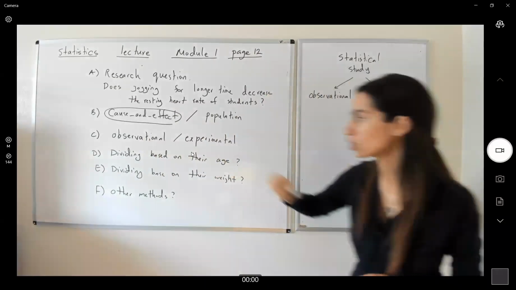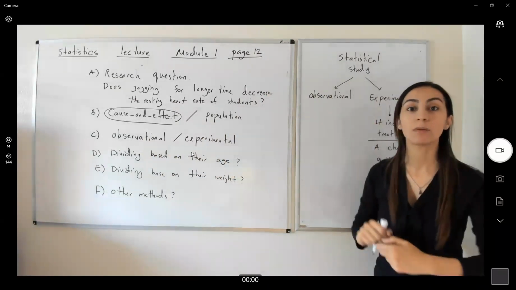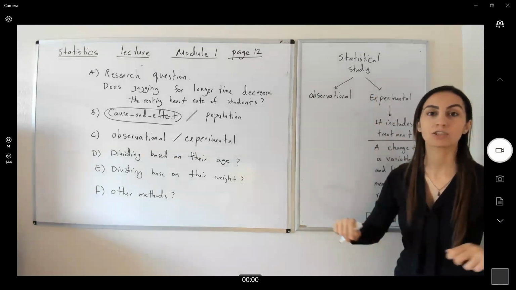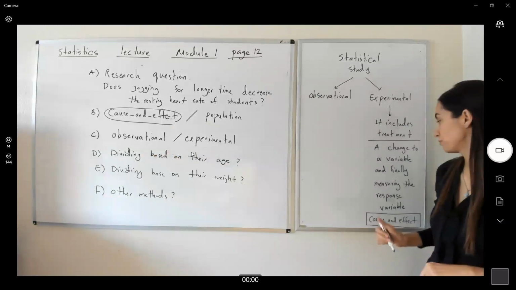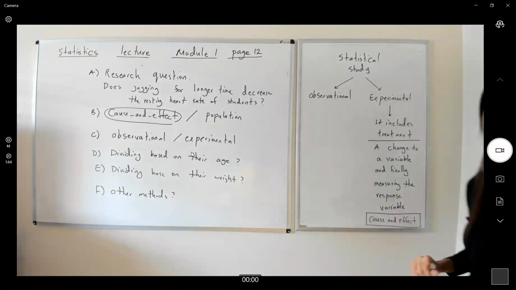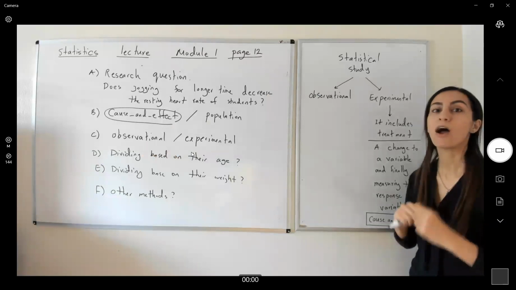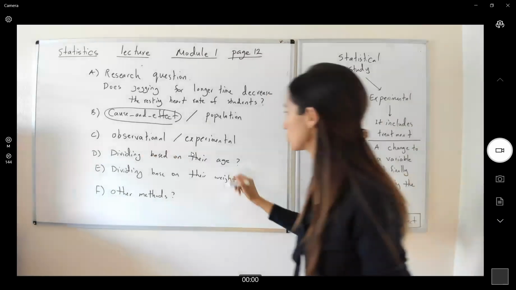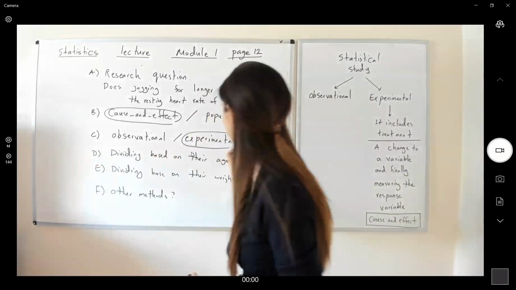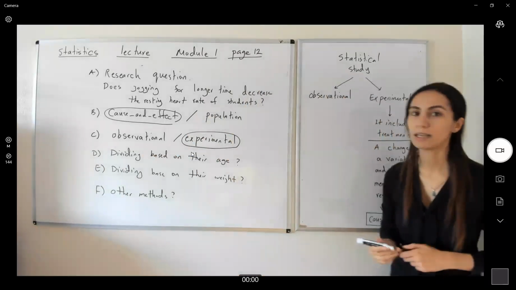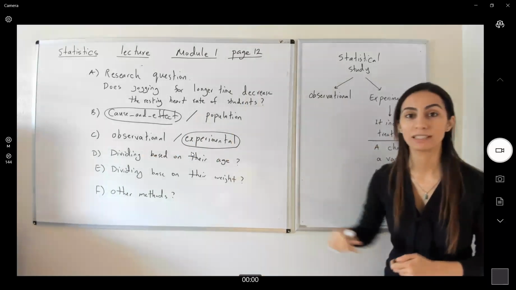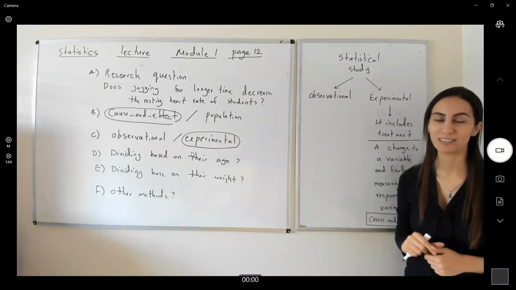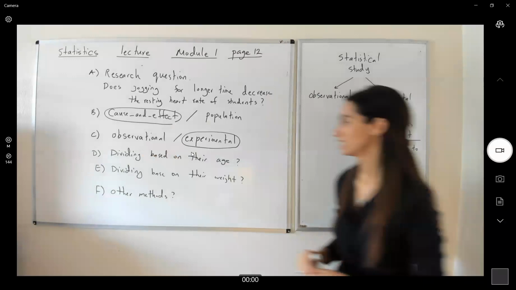Is this observational or experimental? We are doing some experiments. It takes time. We do the jogging, then we measure the response variable, which is the resting heart rate. So it is experimental. Dividing based on age, not a good idea. Dividing based on weight, of course not. It's not a good idea.